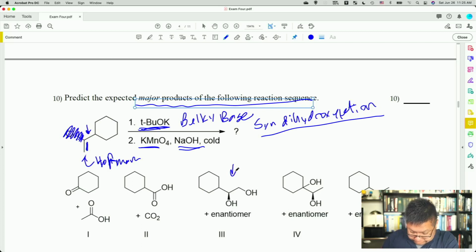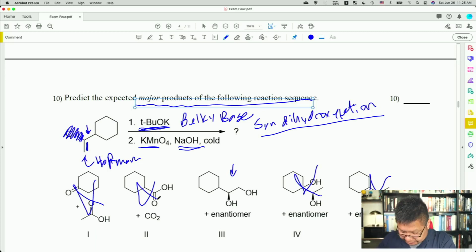Because we're not going to get double bonds there, or a carbonyl, it's not ozonolysis, right? You're definitely getting a dihydroxylation, so it's not that one. This one's at the wrong carbon, and you're not getting carbon dioxide and carboxylic acid.